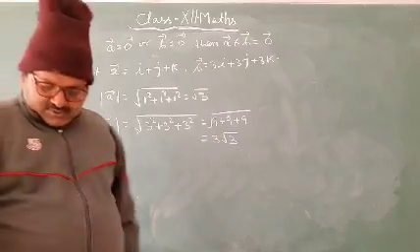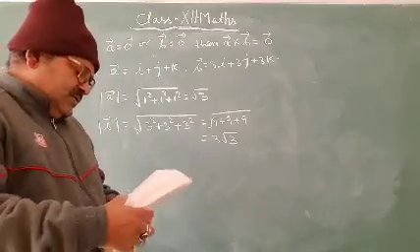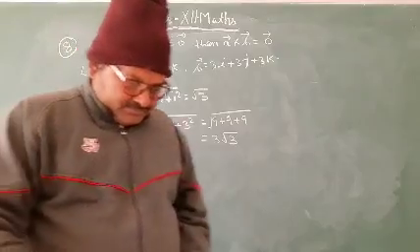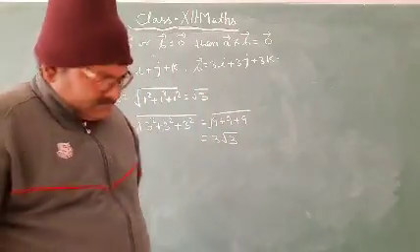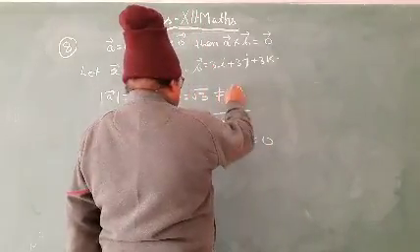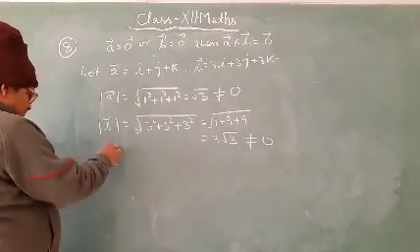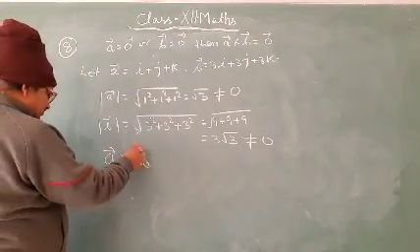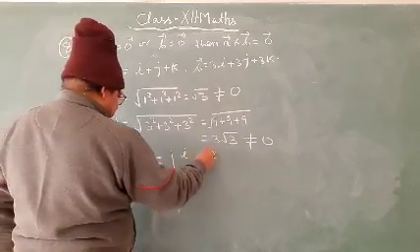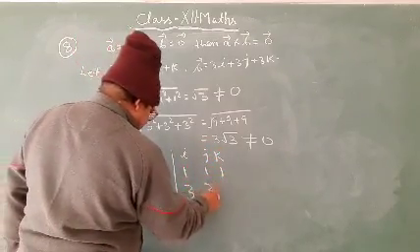So modulus of a is not equal to 0 and modulus of b is not equal to 0. Now vector a cross vector b equals the determinant with rows i j k, 1 1 1, and 3 3 3.